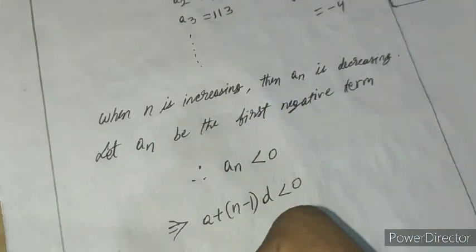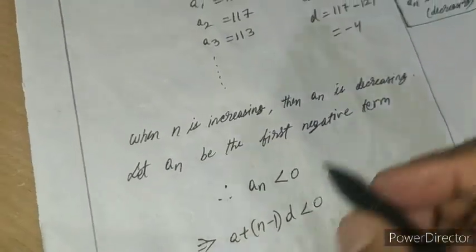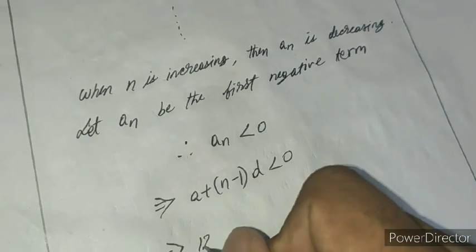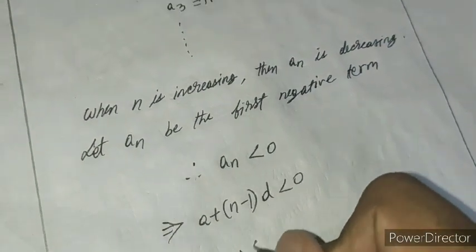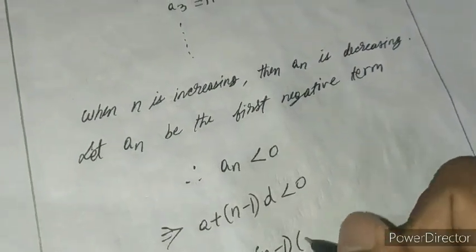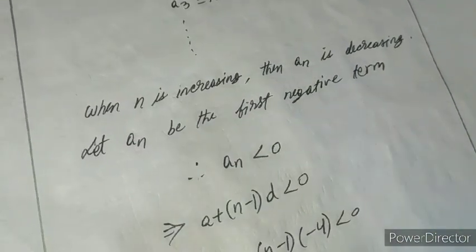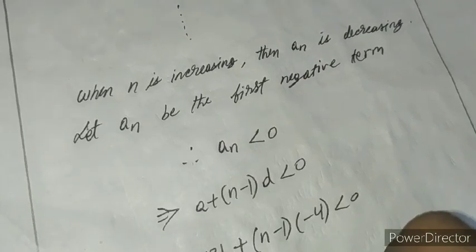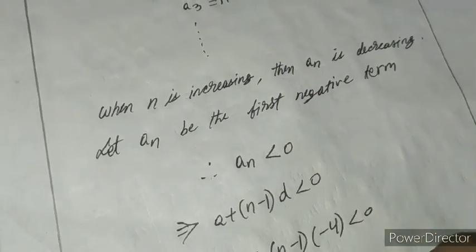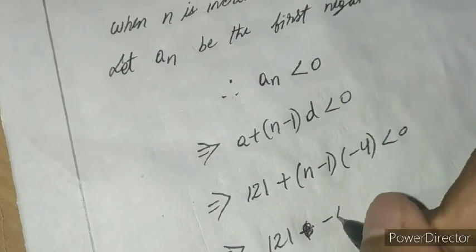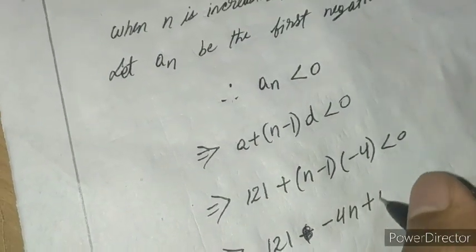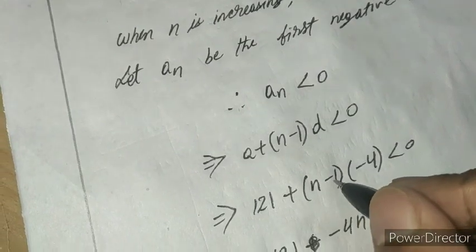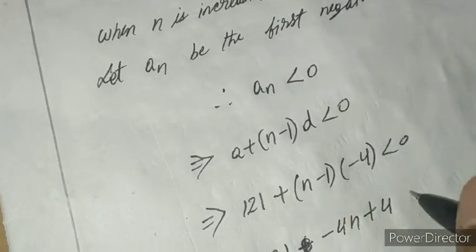That implies 121 plus (n minus 1) into minus 4 is less than 0. That implies 121 plus, here it will be minus 4 and minus minus plus 4, minus into minus plus 4 ones are 4, is less than 0.